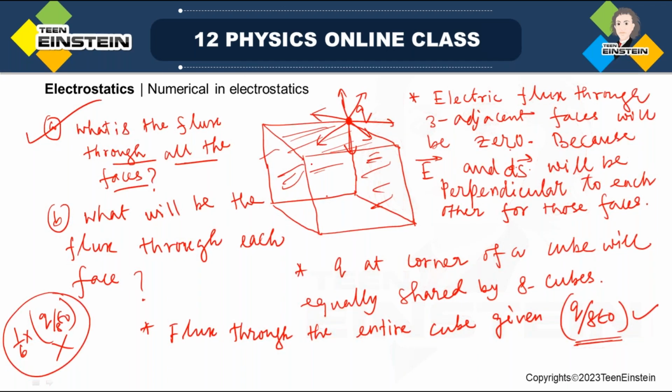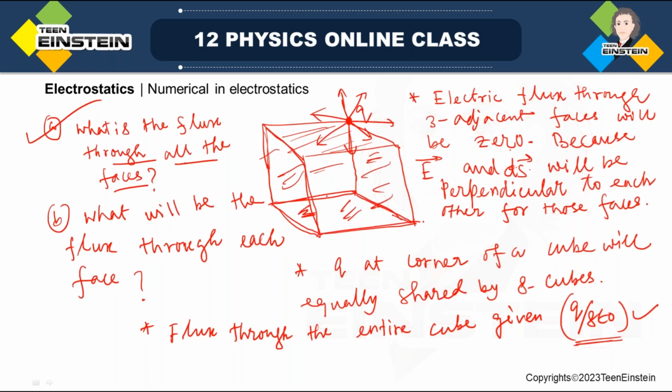Because through three faces there will be no flux, the flux will be shared by the other three faces alone, the ones other than the adjacent faces. What are those faces? This one, the bottom one, and the vertical one on the side. These three faces will share the total flux.